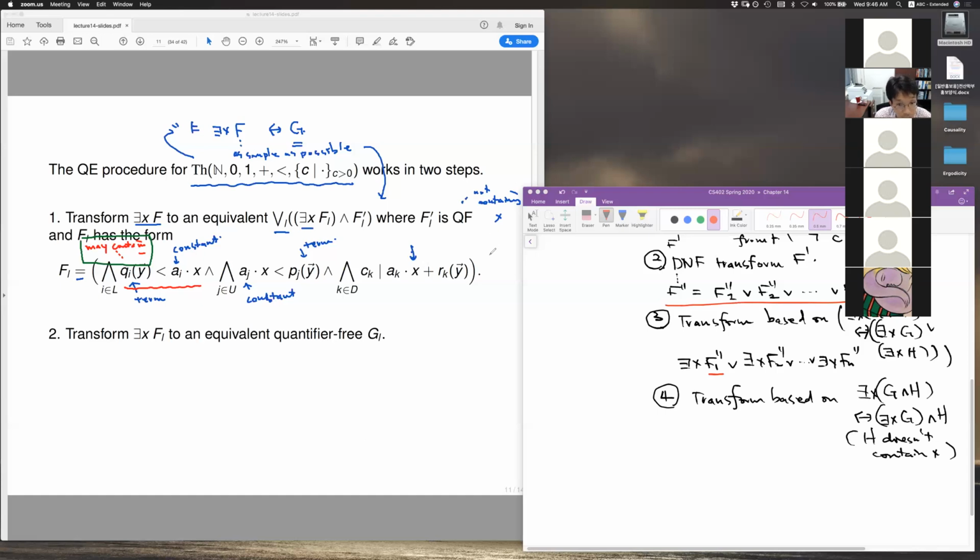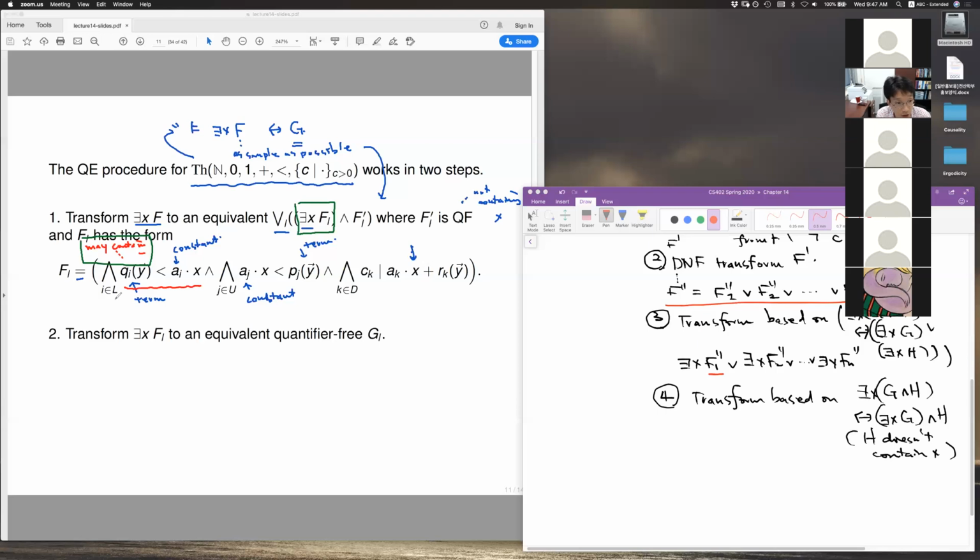Okay, so this FL has this form, and the important bit now is to get rid of this existential quantification over FL. So we have to transform this exists X FL, which is this part, to a quantifier-free formula. That's the part that we want to focus on. Step one is, most of the time, like what we did before, except there are some subtleties about dealing with negation.